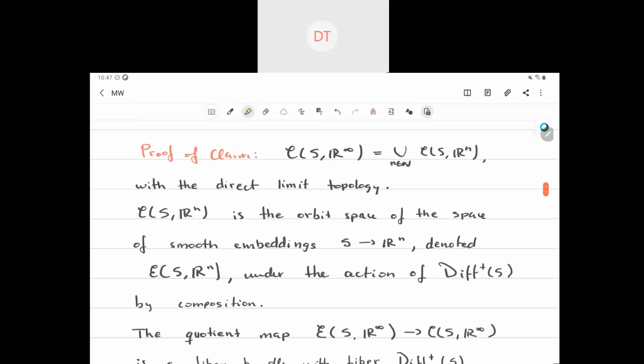So we can think of C, configurations of S in R^∞, as this union of the configurations of S in R^n, as n grows larger, right? As S embeds in R^n in however many ways it can, and then n gets larger, and considering all such embeddings really retrieves the possible embeddings into R^∞.